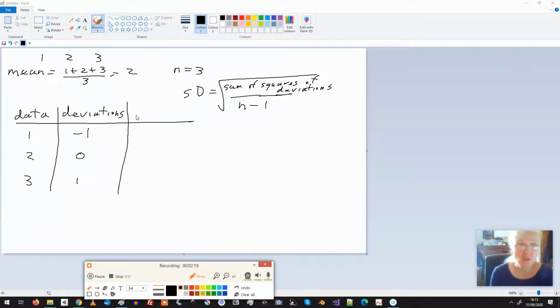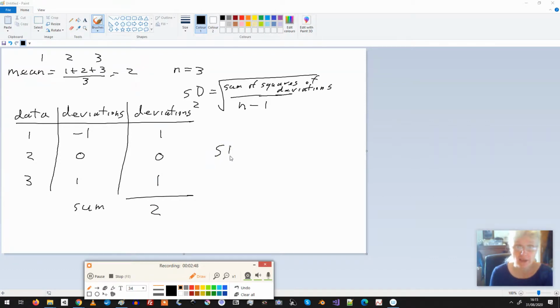And now the deviations squared. Minus 1 squared is 1, 0 squared is 0, and 1 squared is 1. And now the sum of the squares of the deviations. 1 plus 0 plus 1 is 2.